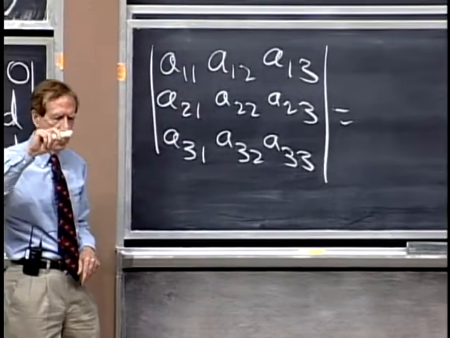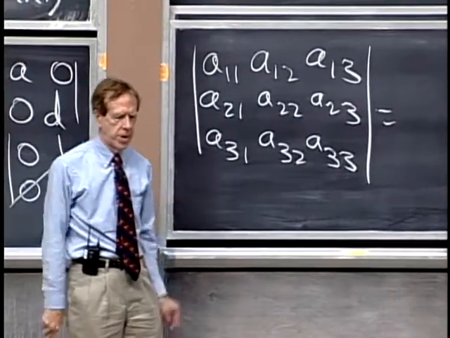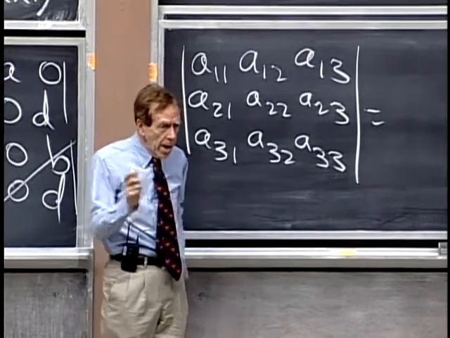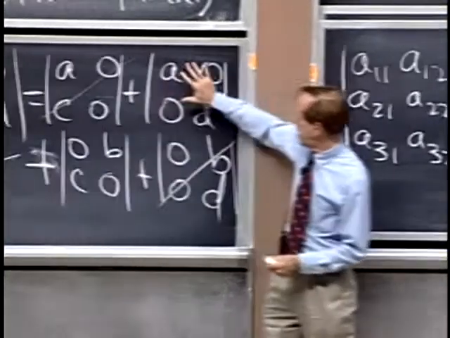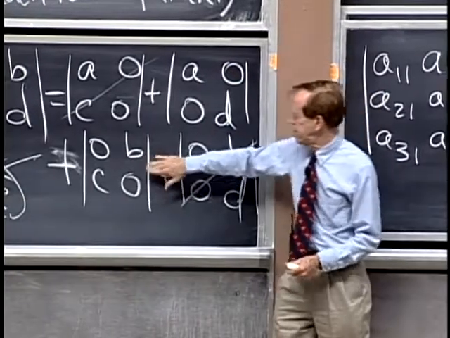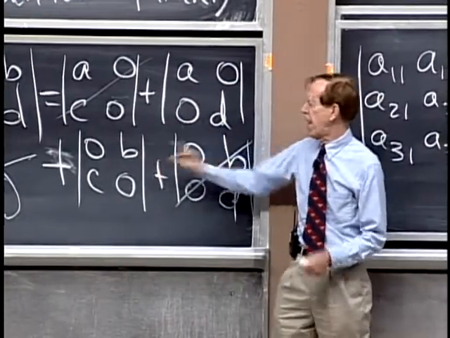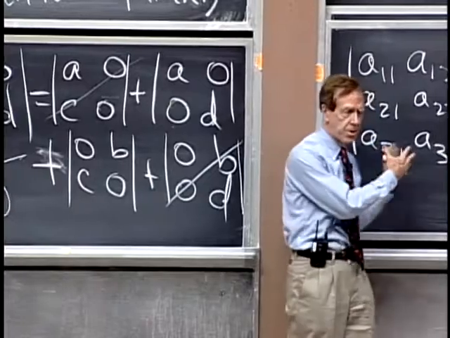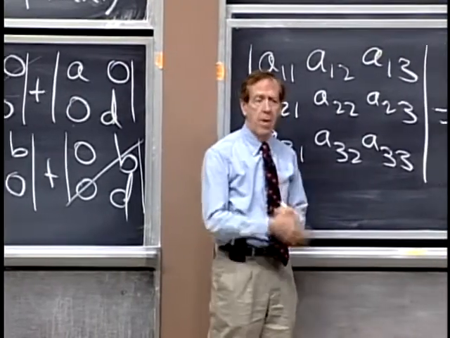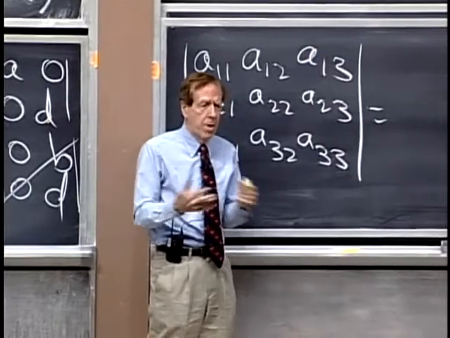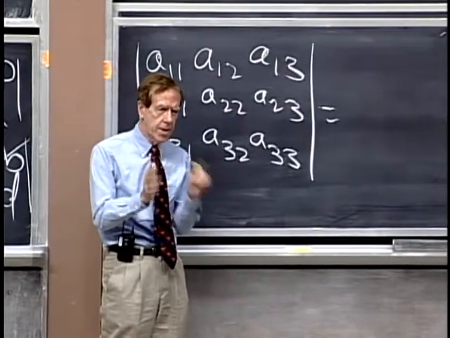Whenever I have a column of zeros, I know I've got zeros. When do I not have 0? What is it that's like these guys? These are the survivors, 2 survivors there. So my question for 3 by 3 is going to be, what are the survivors? How many survivors are there? What are they? And when do I get a survivor?